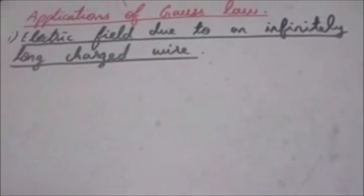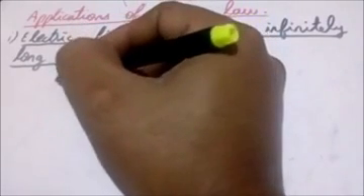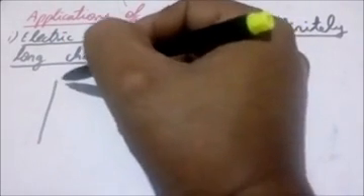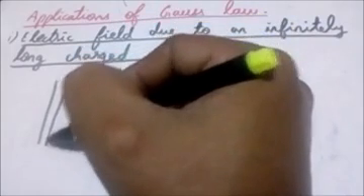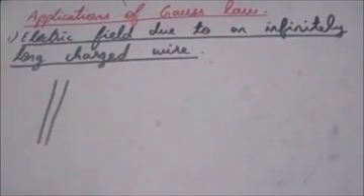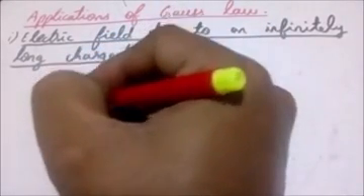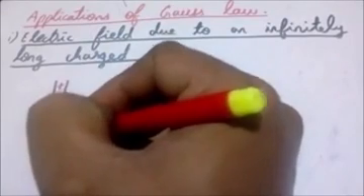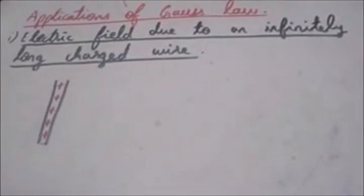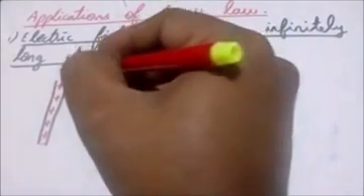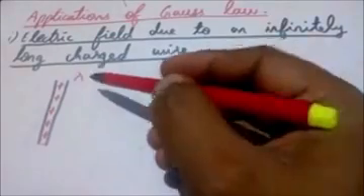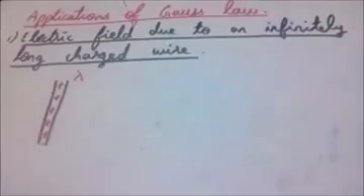First we'll take a very long wire like this. This wire has been positively charged, so let's give it some positive charges, and it has a linear charge density lambda.